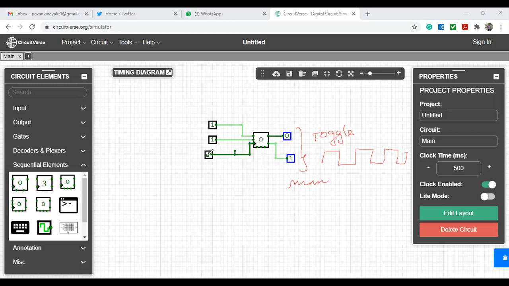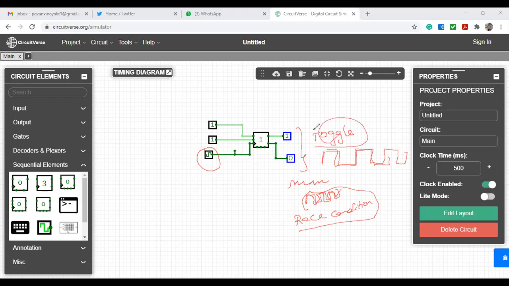Observe here, the clock is changing, and only then is it toggling. But race means that without the clock changing, we get 1 0 1 0 as a waveform. That is the race condition. Whenever the clock is changing and we get the output as 1 0 1 0, it is considered as toggle.